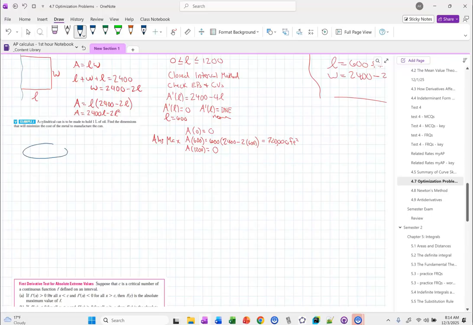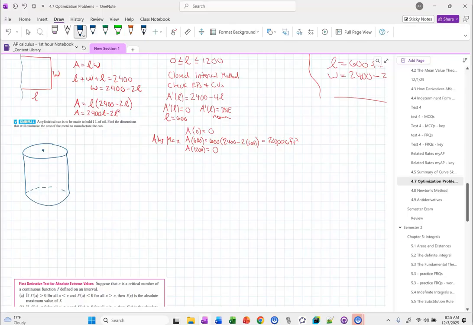Okay, so let's draw our picture. I think I have a good picture of what's going on. So there's my can. Everybody good there? What are the dimensions for a cylinder that we need to care about?